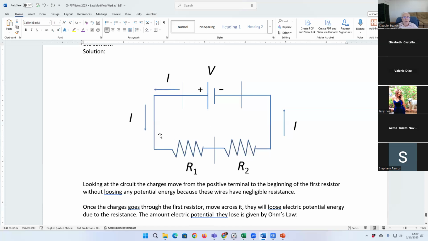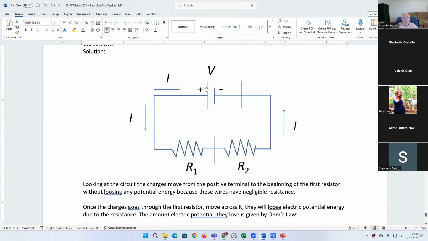And what is I? I is the amount of charge passing through this cross section of this wire. I1 is the amount of charge that passes through one of the cross sections of your resistor. Similarly, I2 is the amount of charge passing through one of the cross sections of resistor number 2.